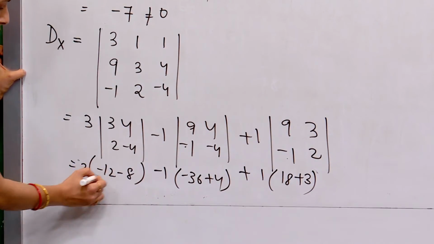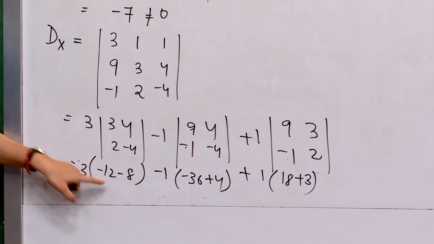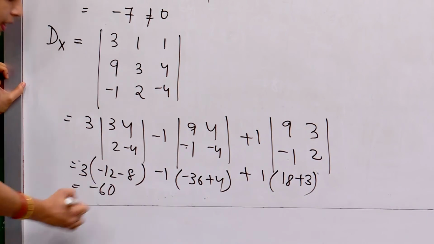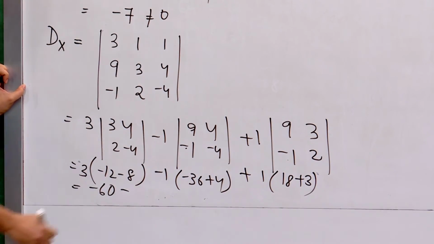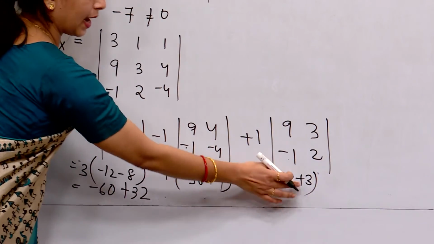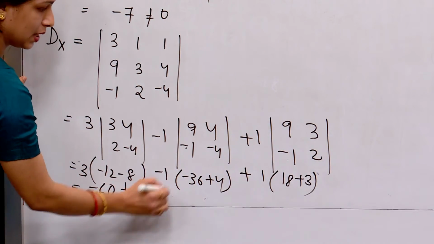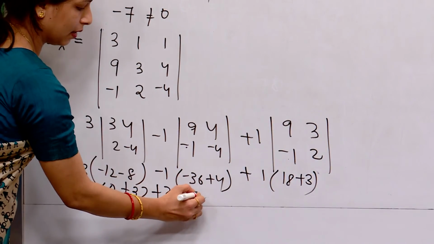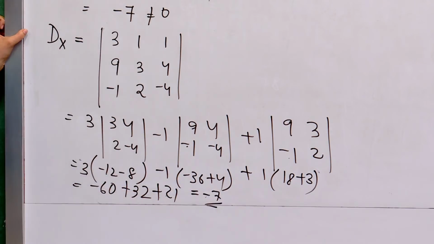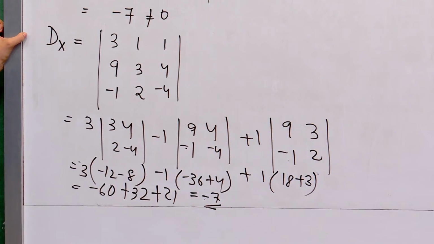So, here we get 3 into minus 20, so minus 60, plus, so this is minus 32 plus 32, and this is 18 plus 3, this is 21, right. So, the answer is again minus 7. So, dx value is also minus 7, right.